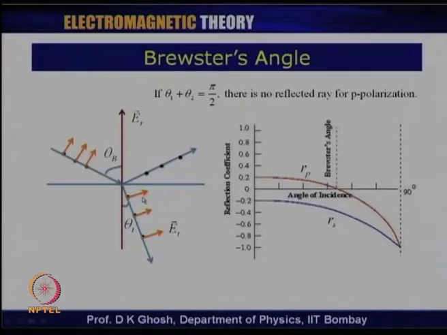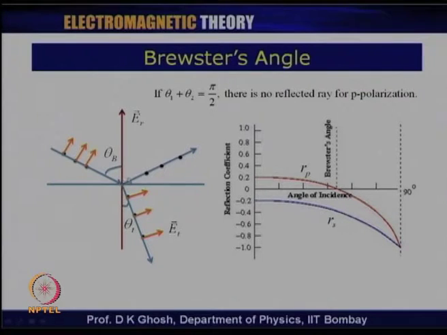Now, what I have done in this picture is the following. I told you that I am talking only about p polarization, but this is a picture of mixed polarization, that is, supposing you take unpolarized light. I can write down unpolarized light as an equal mixture of light polarized in the parallel direction, that is parallel to the incident plane, and light polarized perpendicular to the incident plane.